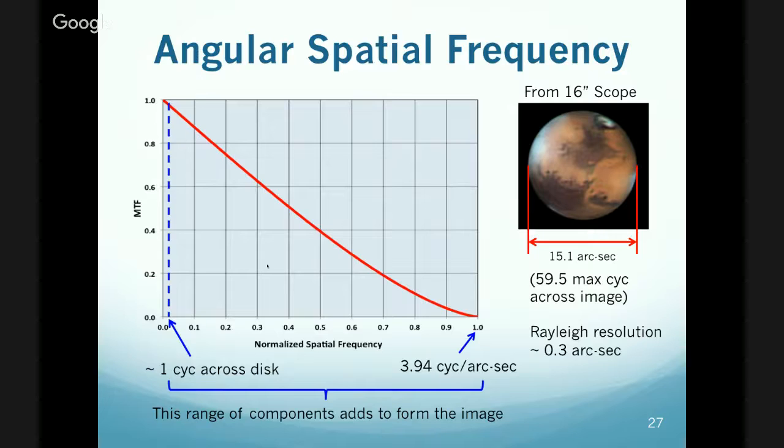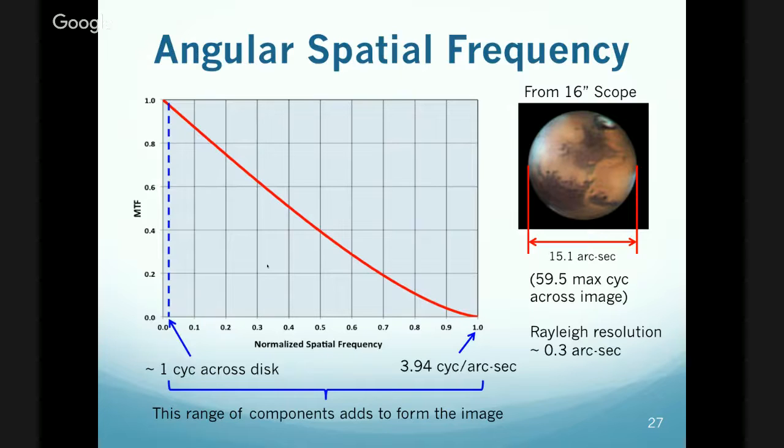So Mars in this case was 15 arc seconds across. And if you do the calculation, how many spatial frequencies get through, gosh, it's actually quite a few. From that 16 inch scope, it goes between the blue line and the end. Those spatial frequencies go into making up that 15.1 arc second image. So on pretty big objects, we're using pretty much that whole curve.